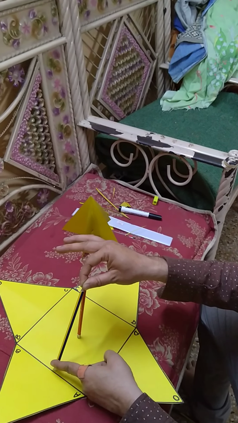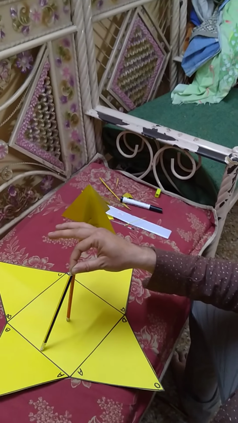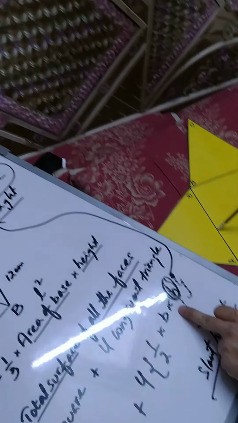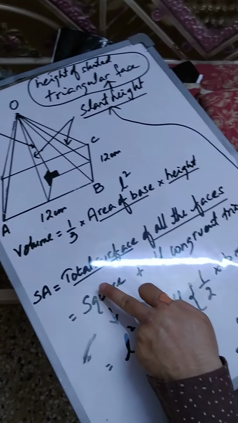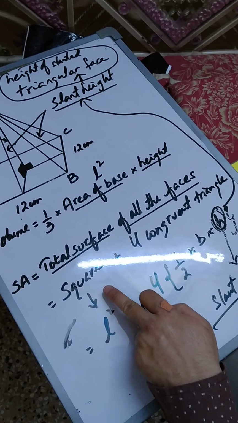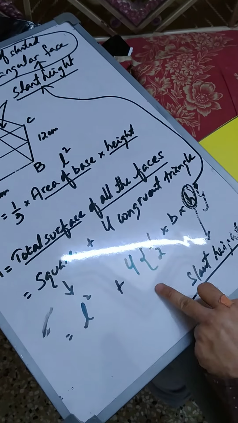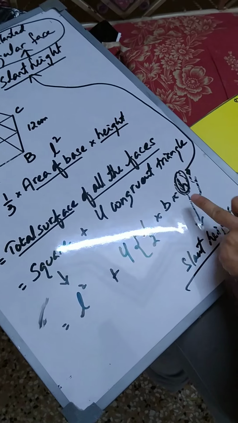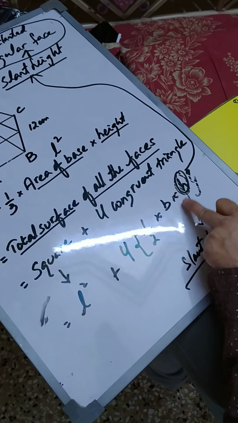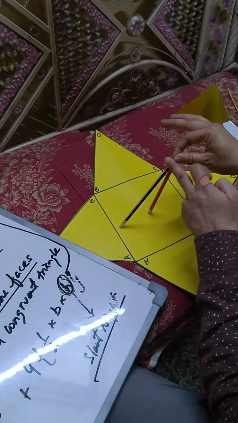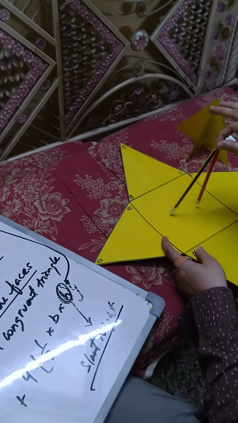This slant height is used when we are finding the total surface area of a pyramid. So total surface area is area of the square plus 4 triangles. The area of a triangle is half, multiply base, multiply by height. Remember, this is the slant height, which is basically the height of the triangular faces.